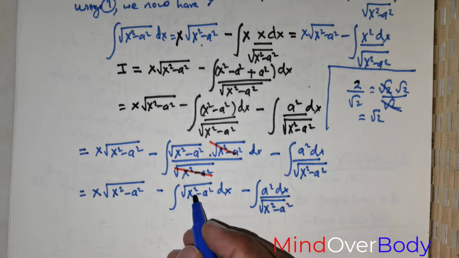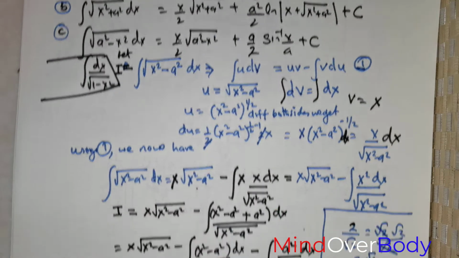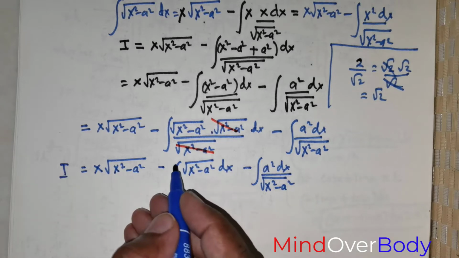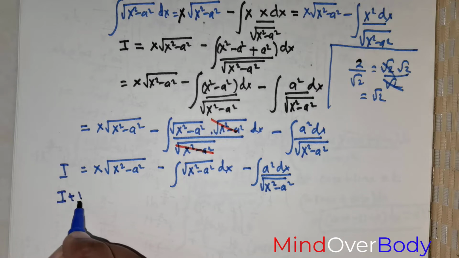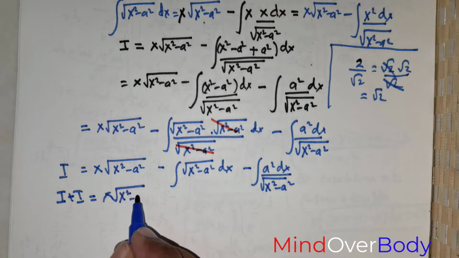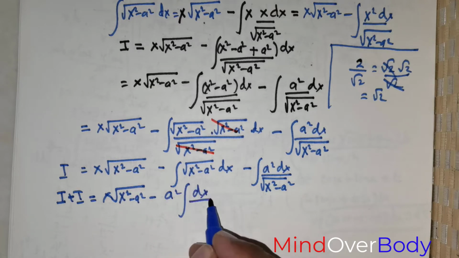Now this is I, right? Because we have taken this to be I, and on the left hand side I also have I, so this is going to be negative I. I push it to the left hand side, so it's going to be I added with I is equal to x times root of x squared negative a squared negative a squared times integral dx over root of x squared negative a squared.